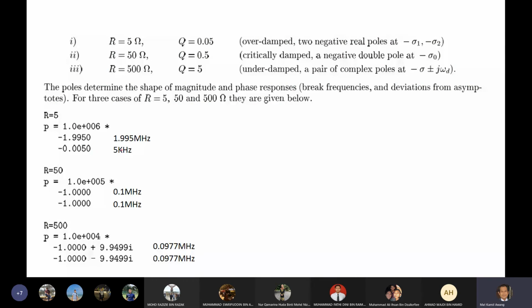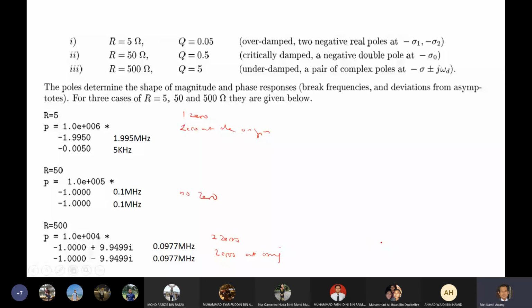These are the poles. The zeros are basically at the origin. This one is also zeros at the origin. This one you have 2 zeros, this one you have 1 zero, and this one no zero. Right?